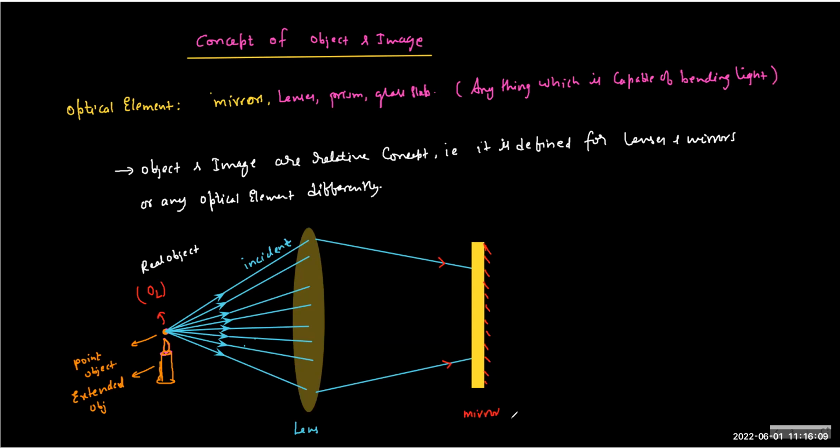Now try to trace back. If you try to trace back these two light rays, they will never meet. In fact, they will diverge, isn't it? What does it mean? You cannot trace back actually. So when you fail to trace back, you extend the line in the other direction.